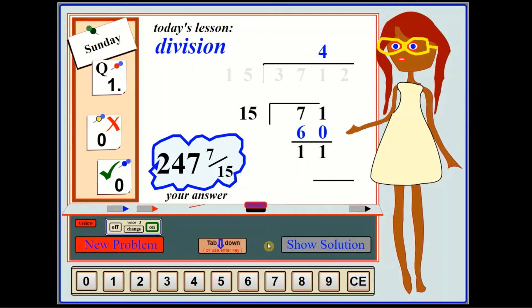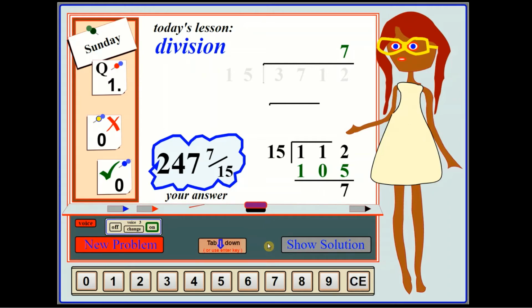The 11 represents what is unaccounted for at this stage. We combine that with the last part of the original number, the 2. We repeat our 3-step process for a final time. 112 divided by 15 is 7. 7 multiplied by 15 gives the green 105.